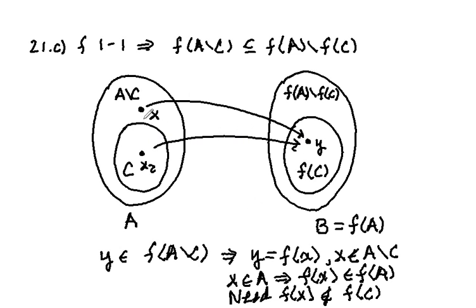Now you've got two different x values going to the same y value. That's not 1 to 1. So you want to add the details to that and make it a little more precise, and argue that that does not satisfy f is 1 to 1.